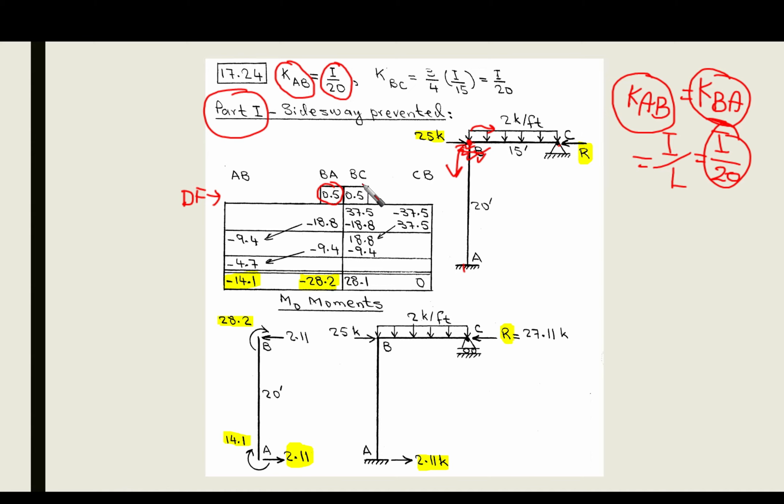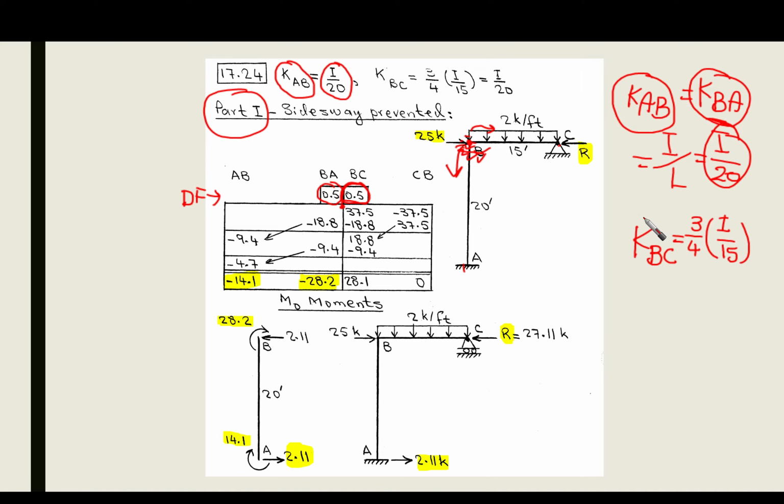On the other side, we need to know the other distribution factor, which is KBC, the relative stiffness to the right of point B. Looking here at BC, since the far end is hinged, KBC is going to be 3/4 times I over L, so we have I over 15.